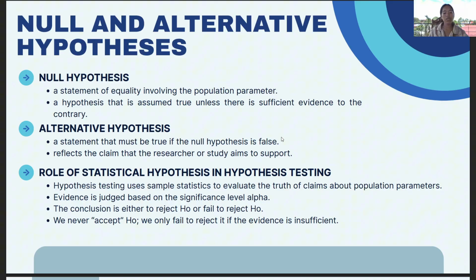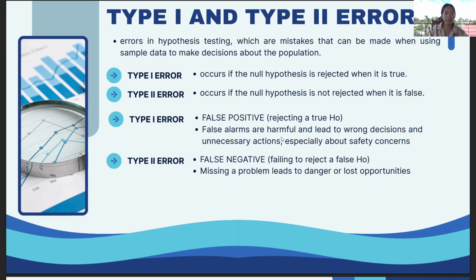Evidence is judged based on the significance level alpha. The conclusion is either to reject the null hypothesis or fail to reject the null hypothesis. We never accept the null hypothesis. We only fail to reject it if the evidence is insufficient, like what I've said earlier.